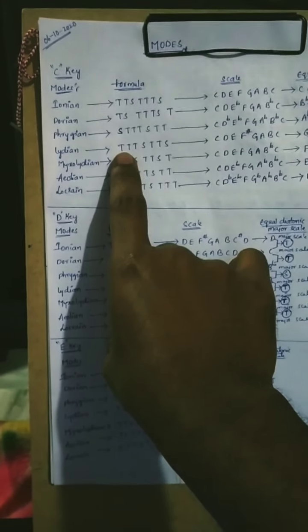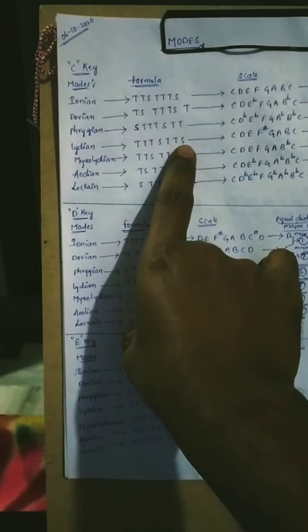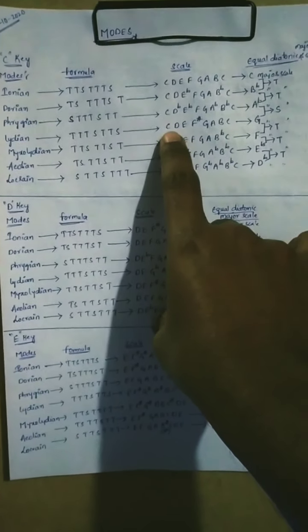In the same way, the Lydian mode, when we apply the formula of Lydian mode, tone tone tone semitone tone tone semitone, to the tonic key C, we get the respective notes C, D, E, F sharp, G, A, B, C, which is the Lydian mode of C scale, equal to G major scale.